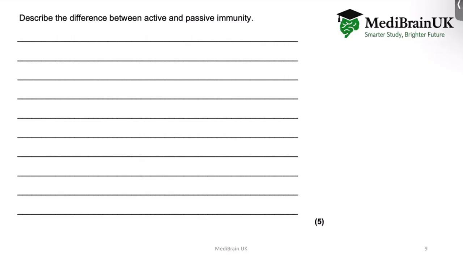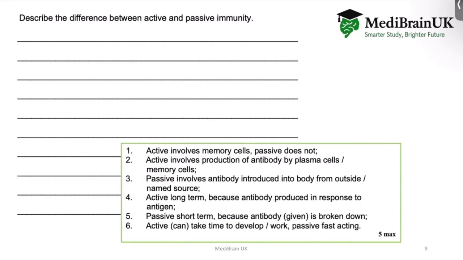So if we have a look at the mock scheme, this is basically what it says. And these are the points that you need to be aware of. Describe the difference between active and passive immunity. Active involves memory cells, passive does not. Passive means that the antibodies are just introduced into your body.